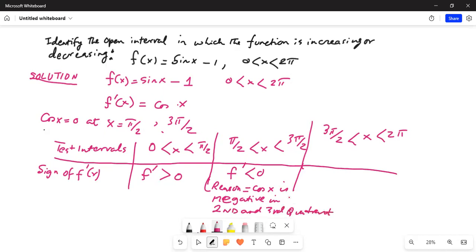Okay. And how about between 3 pi by 2 and 2 pi?